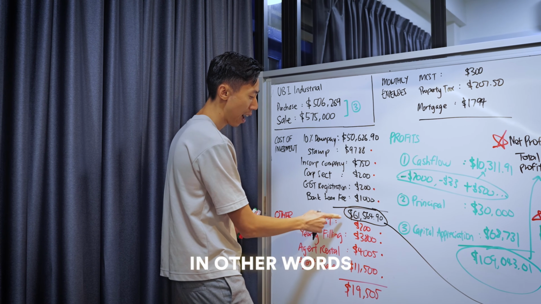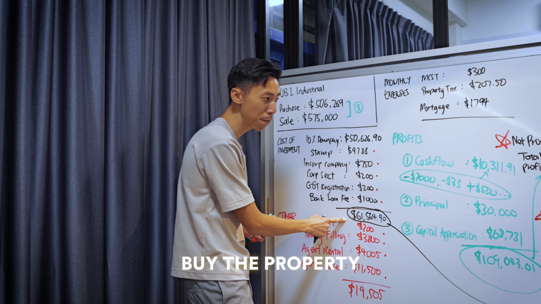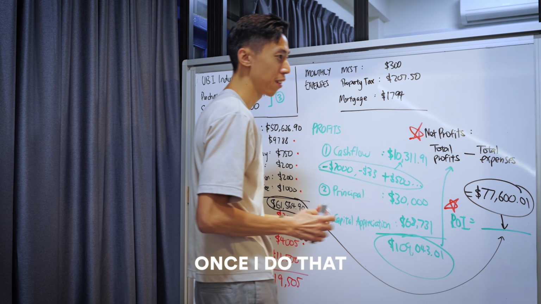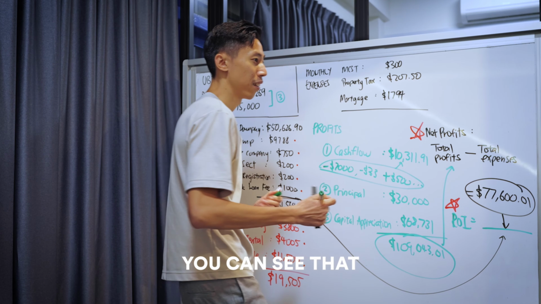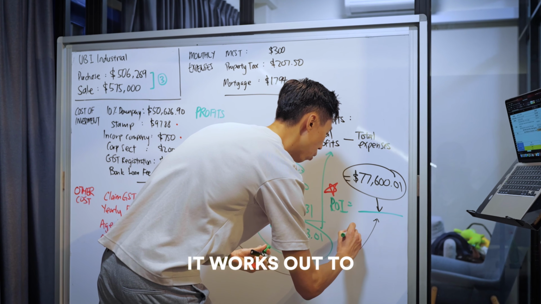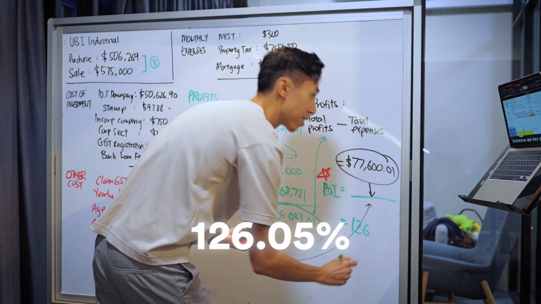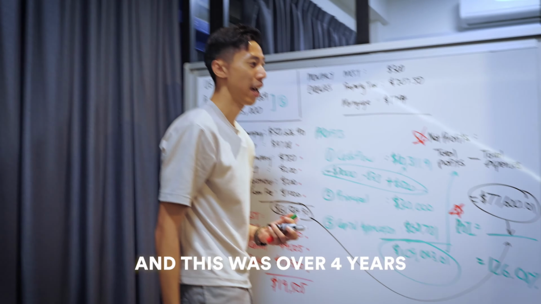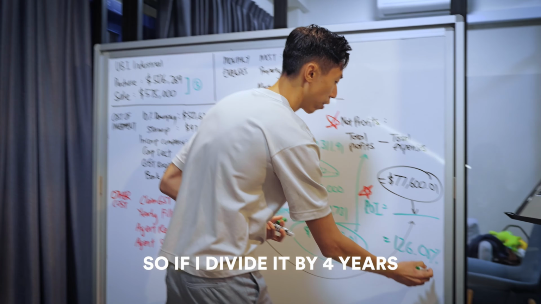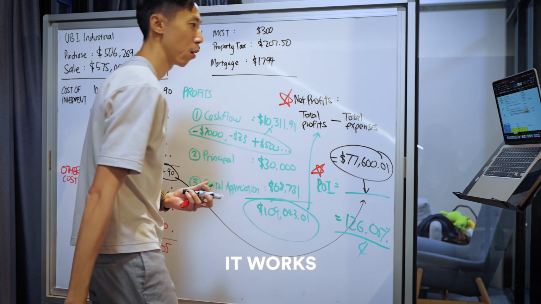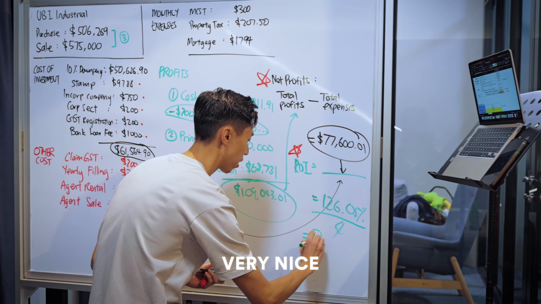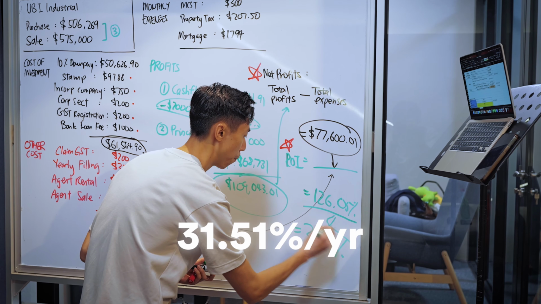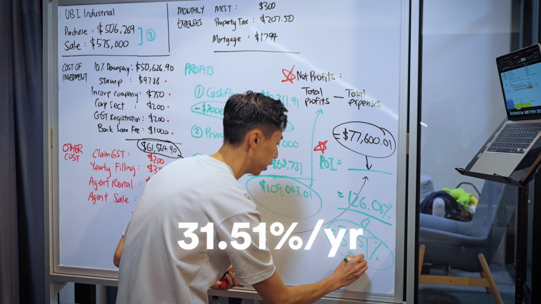In other words, I spend this money to buy the property, I get this net profit. Once I do that, you can see that it works out to 126.05%. And this was over 4 years. So if I divide it by 4 years, it works out to a very nice 31.51% per year. This is per year.